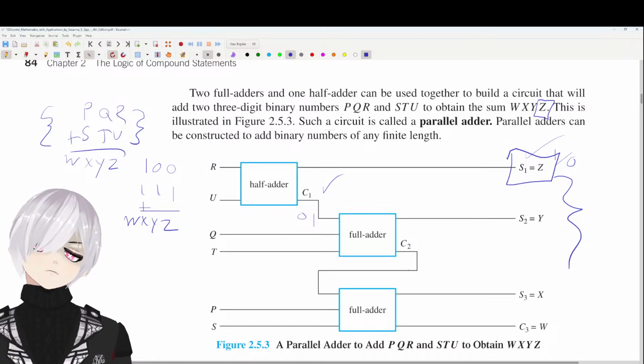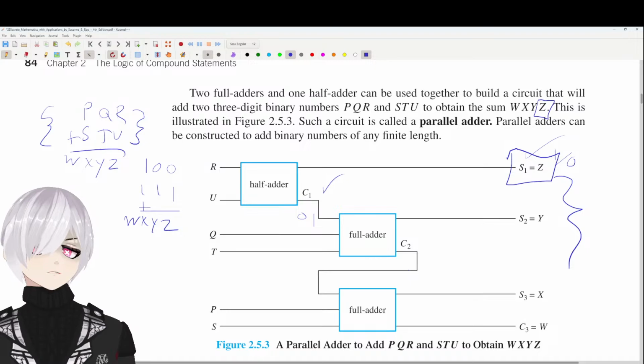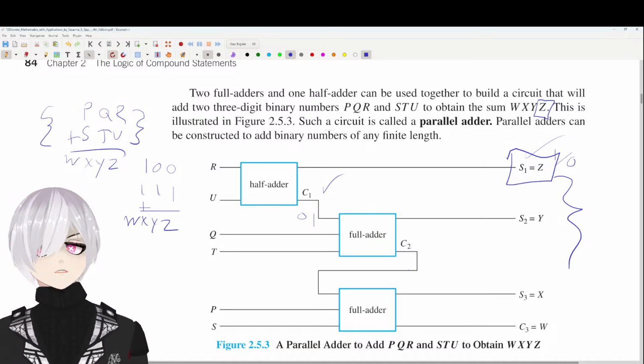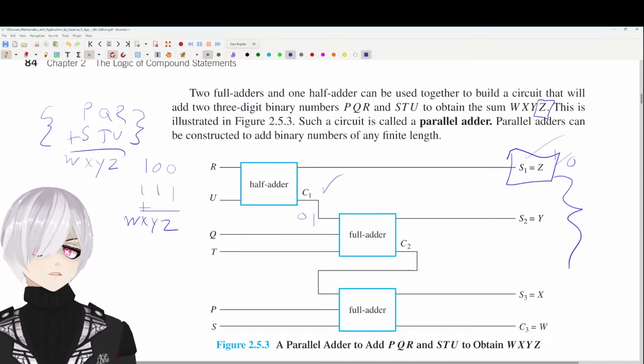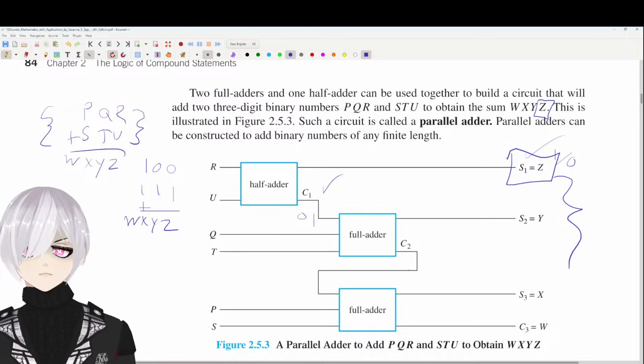It looks like there are some minor mathematical differences between adding three-digit numbers and the full adder. In this case, we're allowing S1 to be the final digit immediately, without adding R, which in this case would be like Q or something.